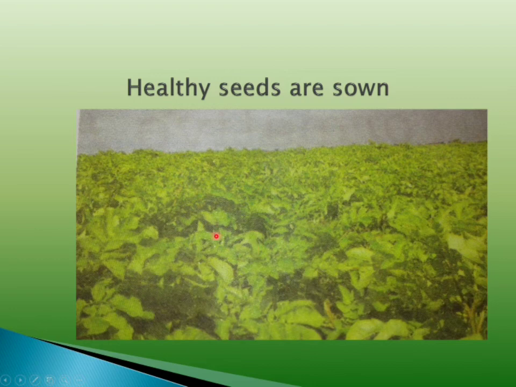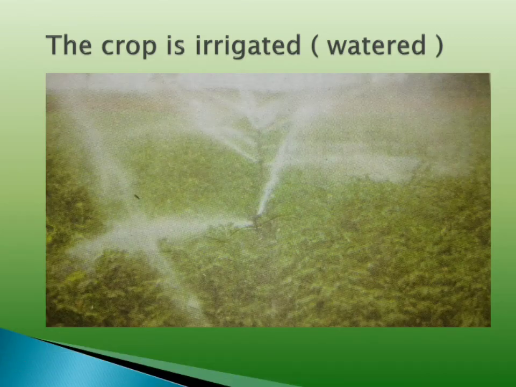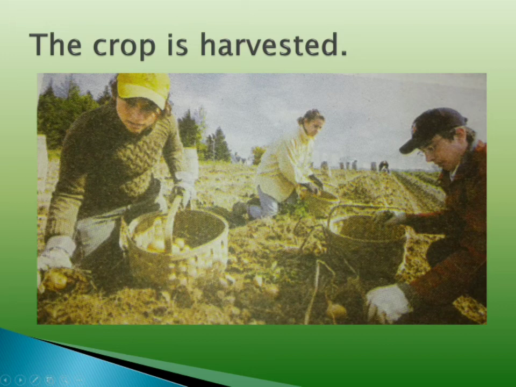Then after that, healthy seeds are sown. Now the crop is irrigated, that is water. Okay, the water is supplied to the crop. Then finally the crop is harvested.